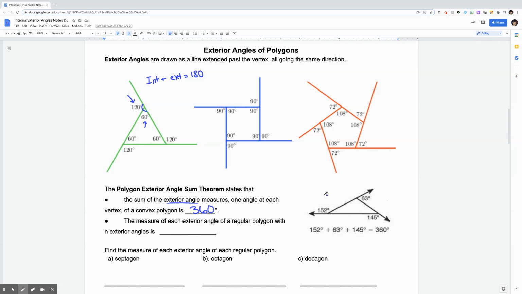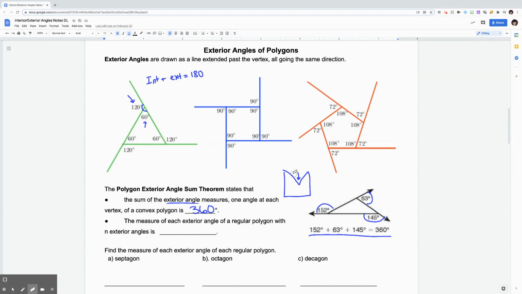You can kind of see this in the triangle on the right-hand side of the screen. I have my three exterior angles, 1, 2, and 3, and those are going to add up to 360 degrees. This works in all polygons as long as they're convex, meaning that they don't have a weird angle like this, where it looks like it's collapsed on itself.